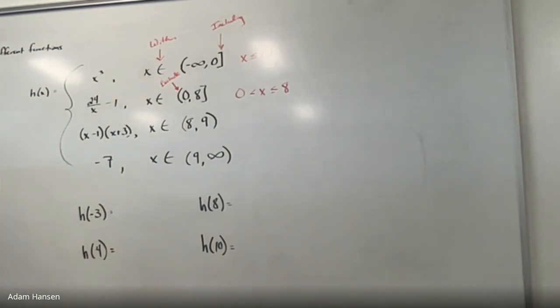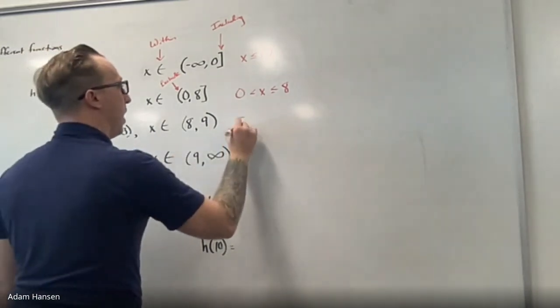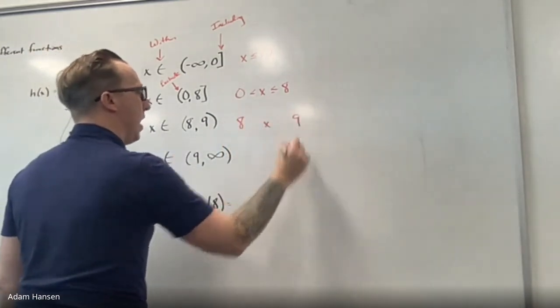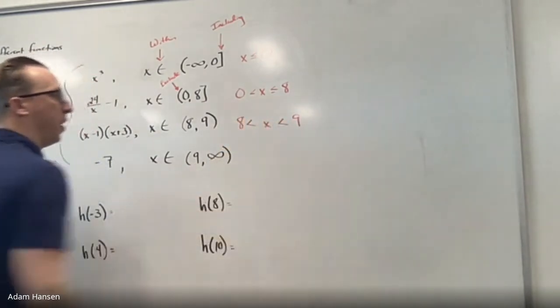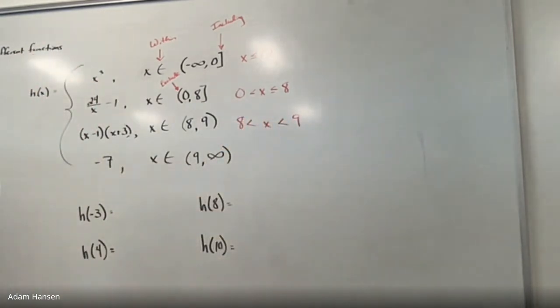So as an inequality, x is between 8 and 9, but excluding both endpoints. Neither of the two values, 8 or 9, is part of that expression. 8.5, 8.75, 8.01. Any possible value between 8 and 9.